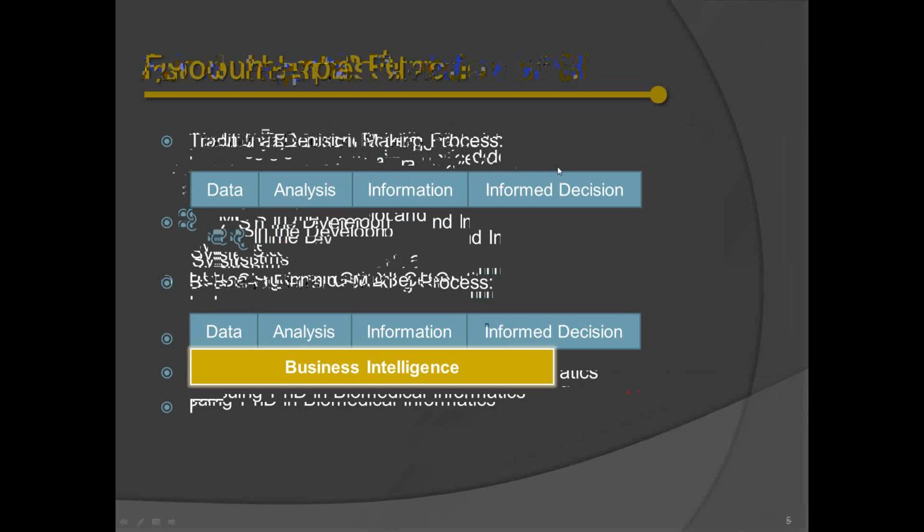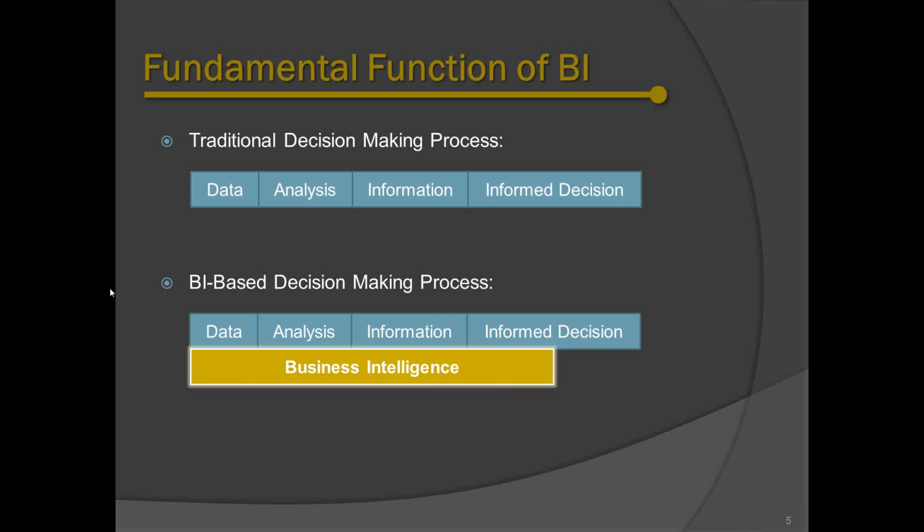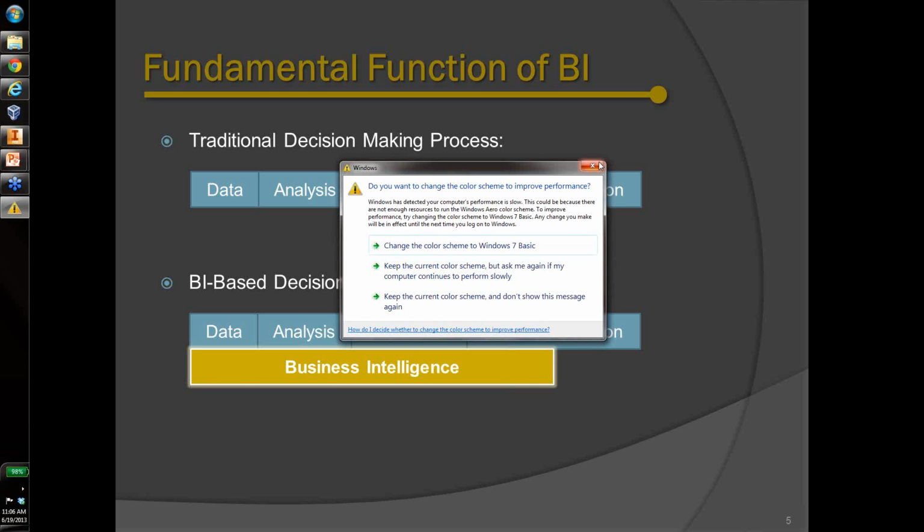This process has usually been done manually, and what business intelligence systems do is get data from transactional processing systems, or generally speaking, the raw data that organizations gather.